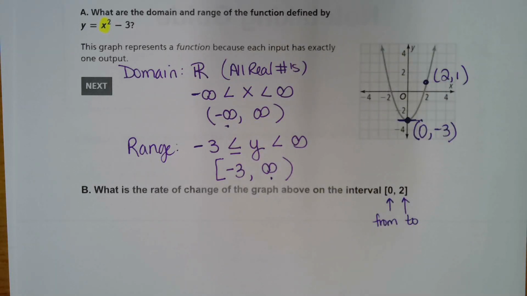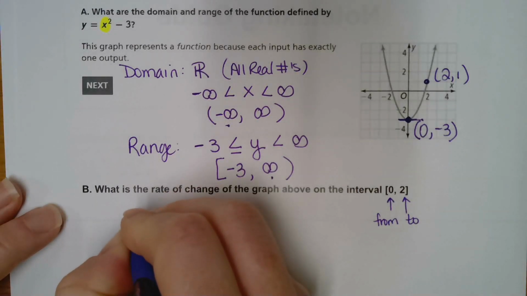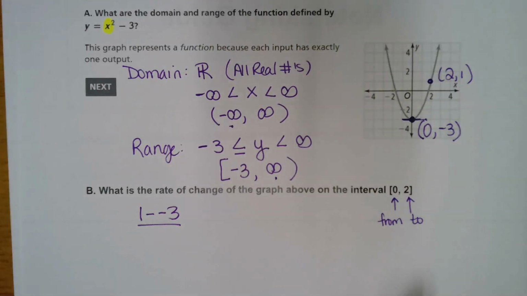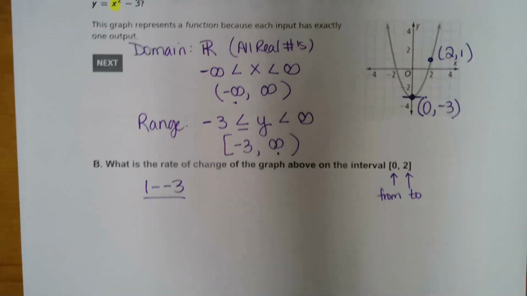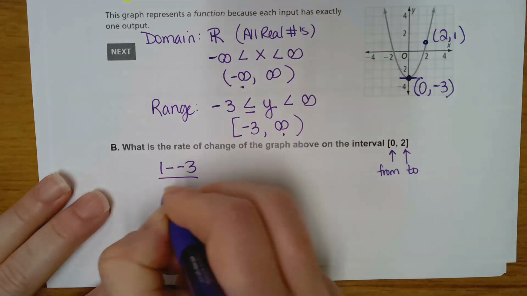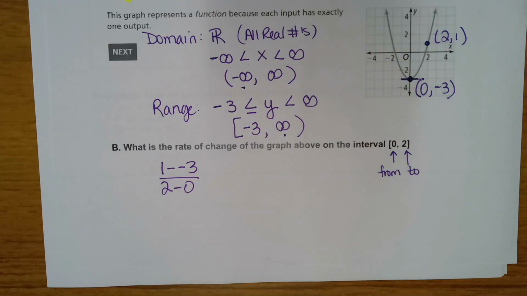I shouldn't say slope, the rate of change, because it's not straight, it's curved, the rate of change between those 2 points. This is similar to this question right here, guys.